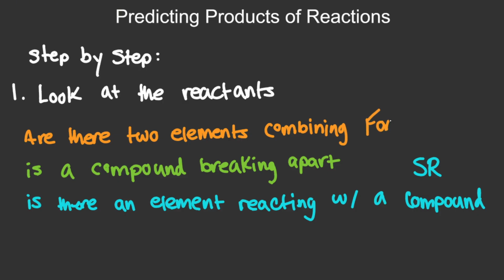I'm just going to say form synth on this guy, and decomp. So if there's an element reacting with a compound, it is a single replacement reaction. But let's say we're looking at a reaction and it doesn't follow any of these rules at all.